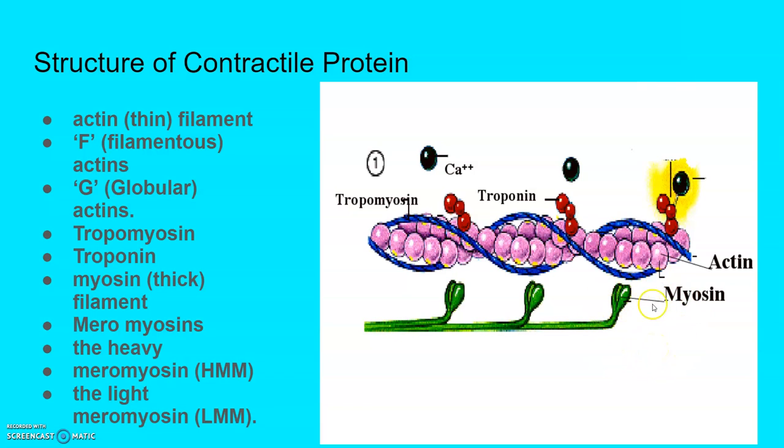The globular head is an active ATPase enzyme and has binding sites for ATP and active sites for actin.